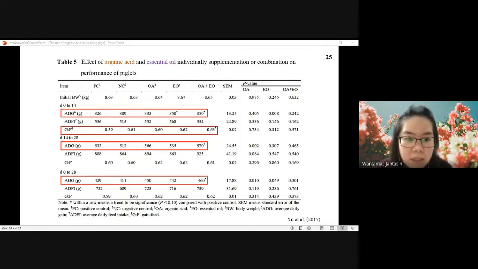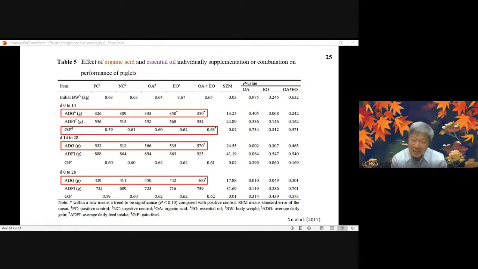You have to be careful about gain per feed and feed per gain. I saw in some tables it is feed per gain, but they just use the word higher. Sometimes you have to see the parameter first when you use higher or lower. Yeah. Okay, thank you, Professor.